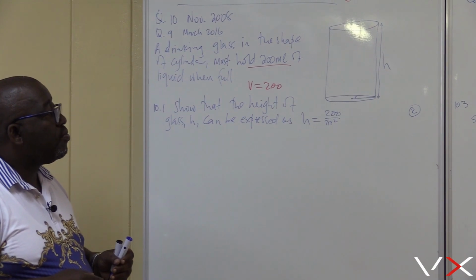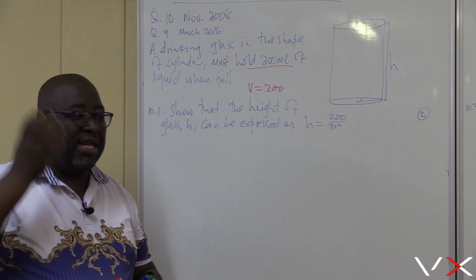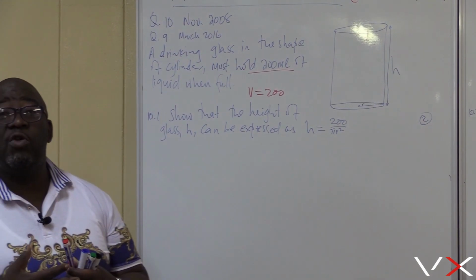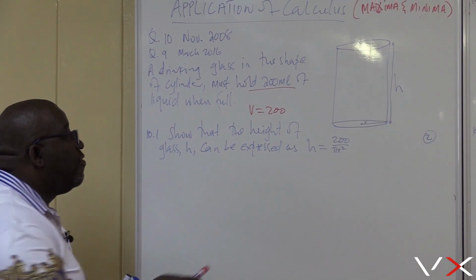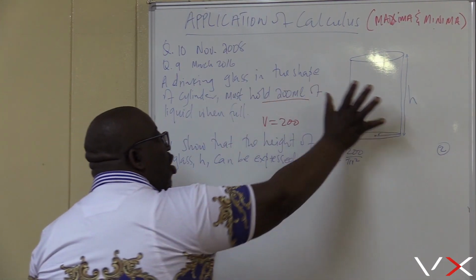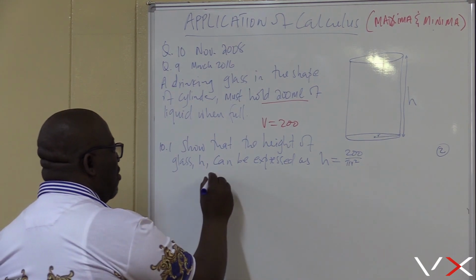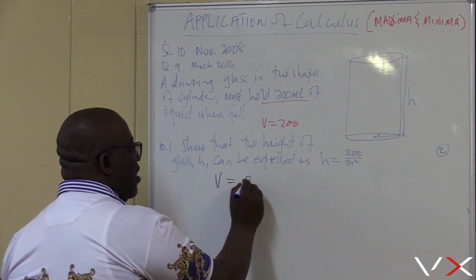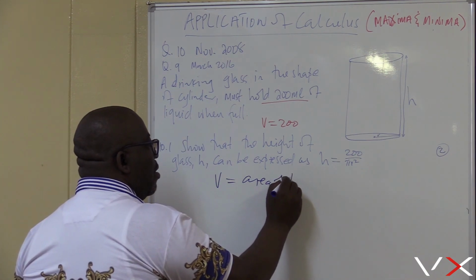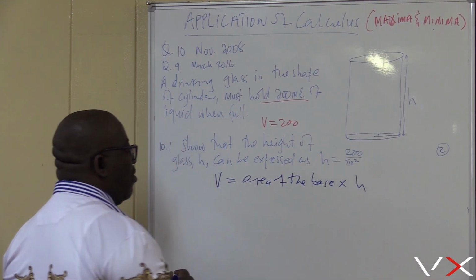We know what a volume is: the area of the base times height. As I explained, whenever you're dealing with the volume, it's nothing else but the area of the base times height. So when you talk of the volume of this drinking glass, let's write it down: volume is equal to the area of the base times perpendicular height.